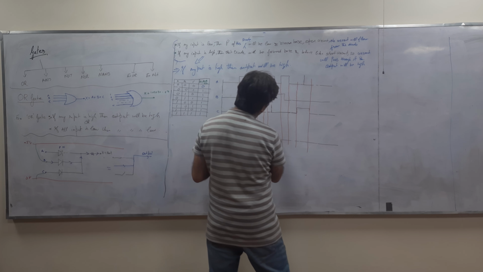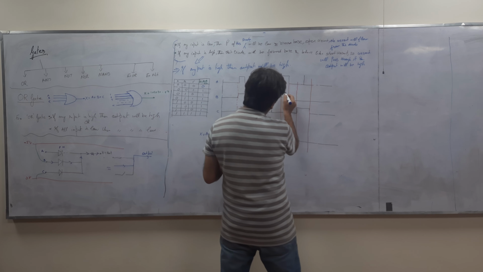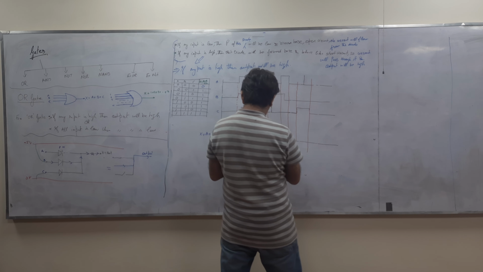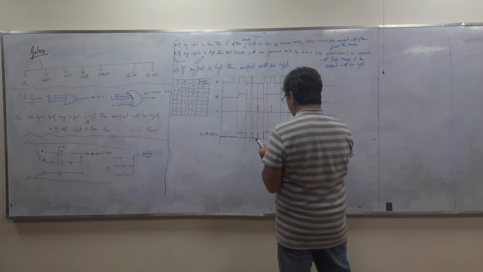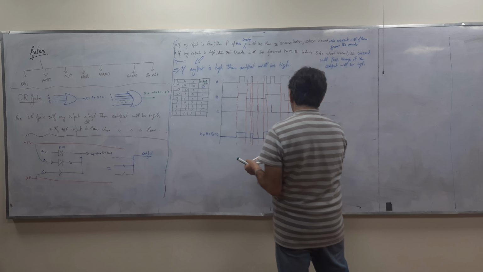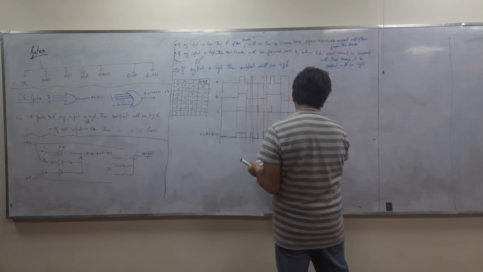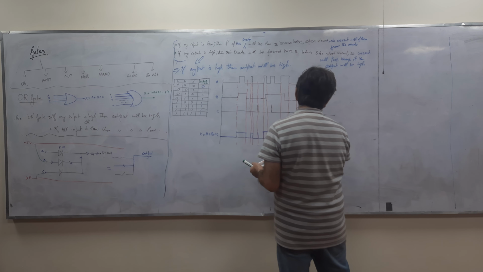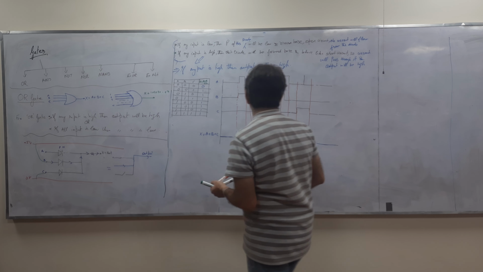So, that will remain positive, and at this point this becomes 0, but A is still positive. That means the output will remain positive, and this will be the output, and for the remaining time it is 0.